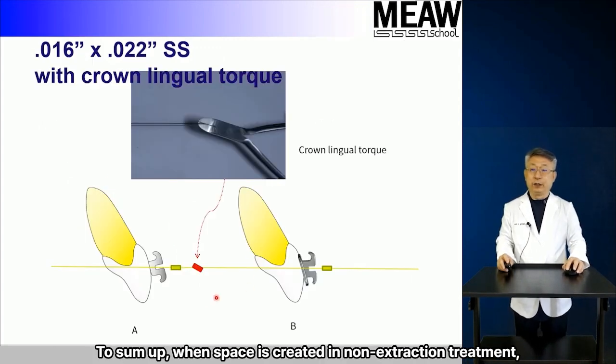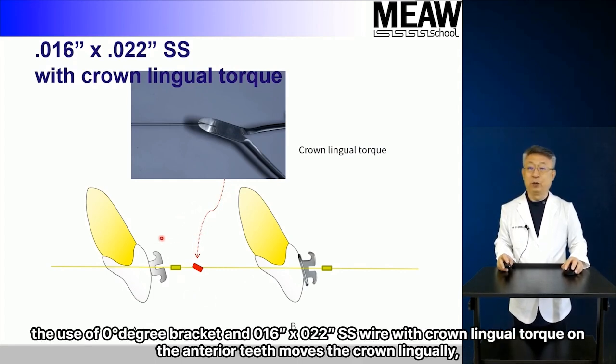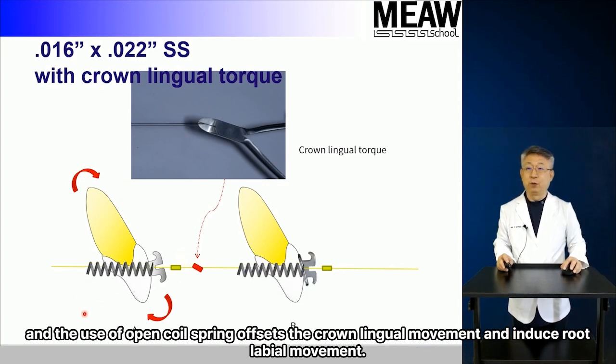To sum up, when space is created in non-extraction treatment, the use of 0-degree bracket and 016 x 022 SS wire with crown lingual torque on the anterior teeth moves the crown lingually, and the use of open coil spring offsets the crown lingual movement and induces root labial movement.